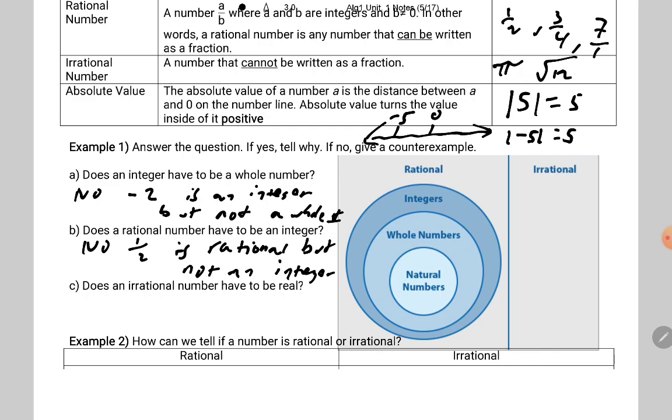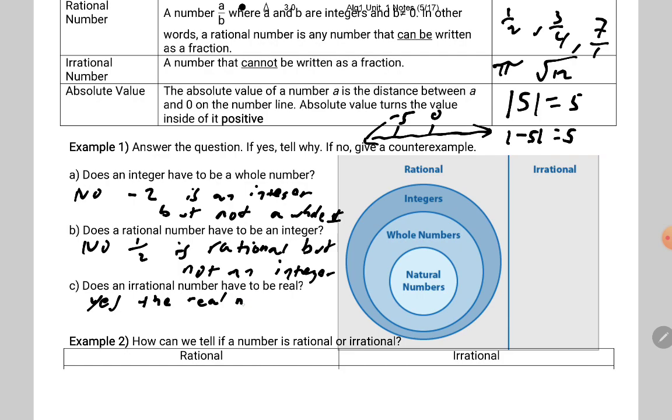Does an irrational number have to be real? Yes. The real numbers are all the rational and irrational numbers.